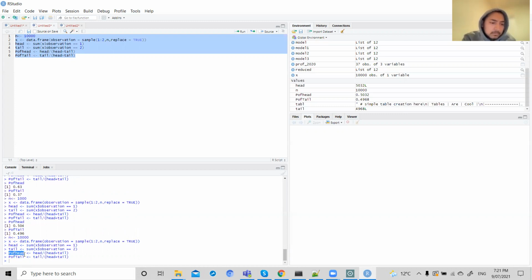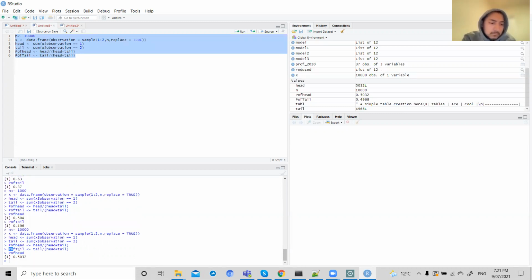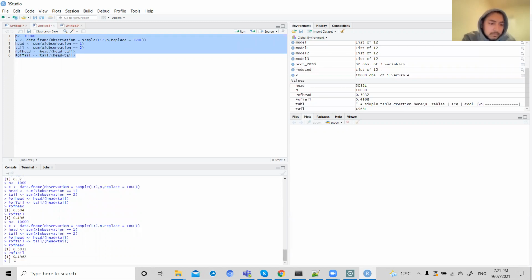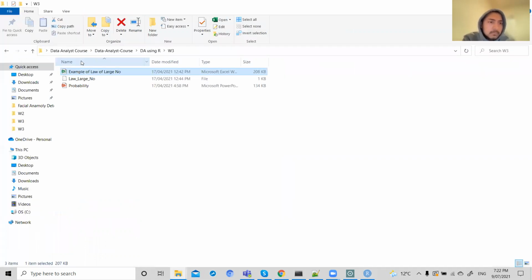The probability of head is now even closer, right? So this is what the law of large numbers says: as your sample size increases, your theoretical value becomes equal to the actual observed value.